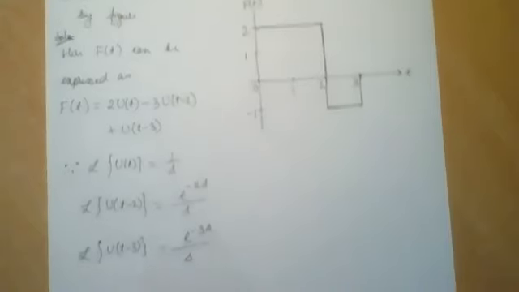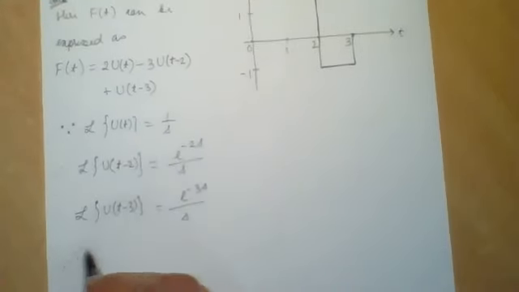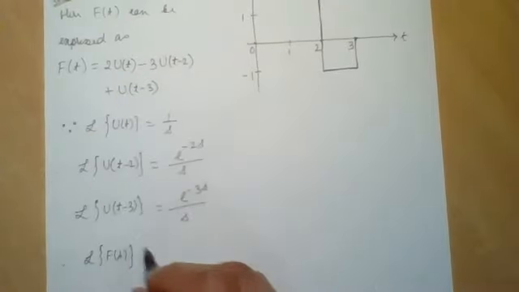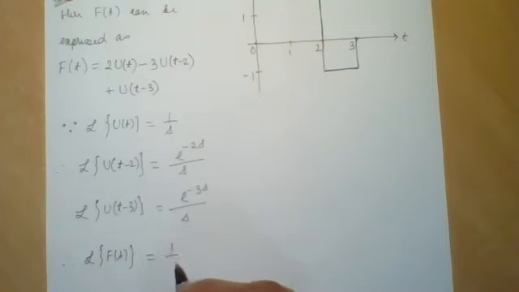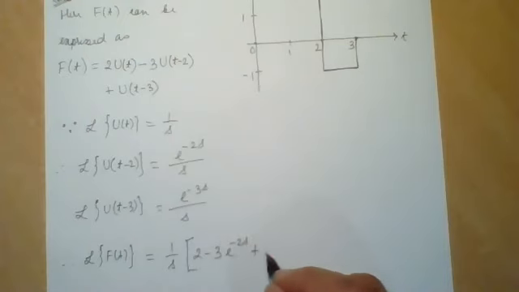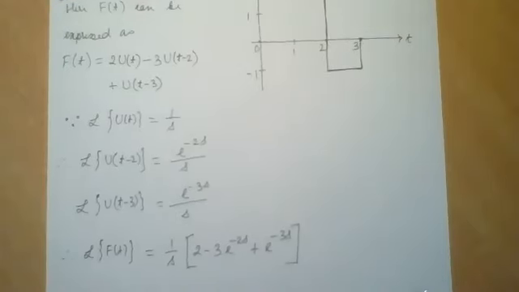Therefore, the Laplace transform of f of t should be equal to 1 by s times (2 minus 3 e to the power minus twice s plus e to the power minus 3s). This is the required solution. Let me stop the recording.